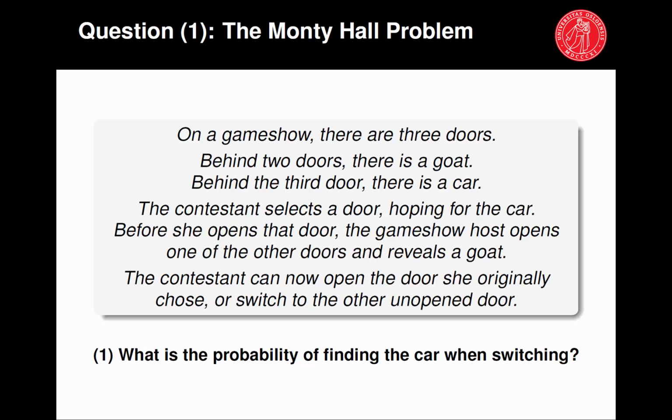The argument I find maybe most intuitive is to say that obviously the chance of finding the car when you pick one of 3 is 1/3 randomly. But effectively, when the host has opened one of the 2 remaining doors, he's offering her the choice between her original door, 1/3, and 2 doors where we now know that one of them has the car. Well, the unopened door has the car. So the probability of the car being behind 2 doors is 2/3.